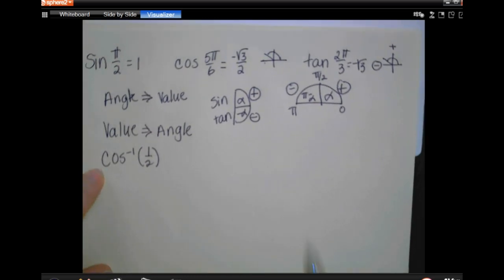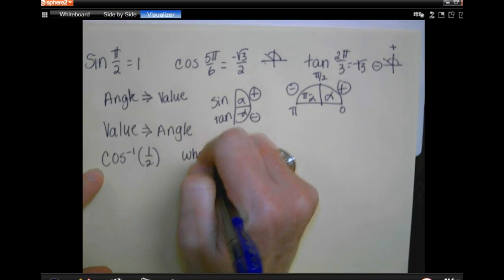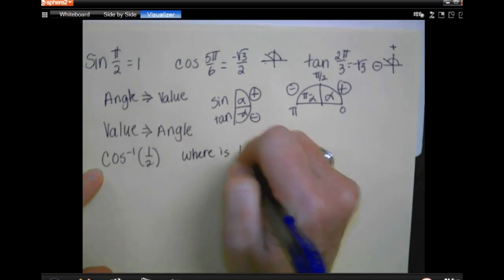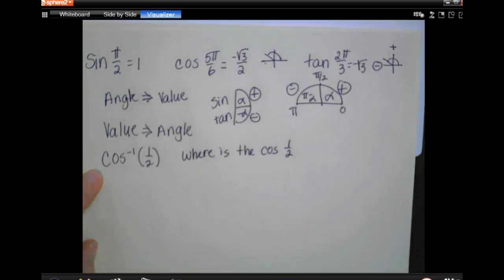The inverse. So you say, where is the cosine 1/2? Where is the cosine 1/2? So the cosine is 1/2 at pi over 3.